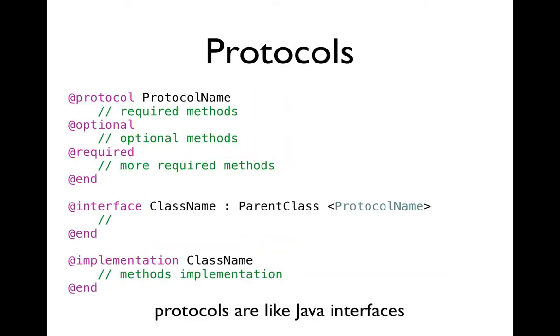Now, protocols, those are things like Java interfaces, just a list of methods that don't really push you to do anything, just a list of methods. And if you were, as a class, to implement all of those methods, at least those methods that are required, those methods that make the protocol, you adopt a protocol.